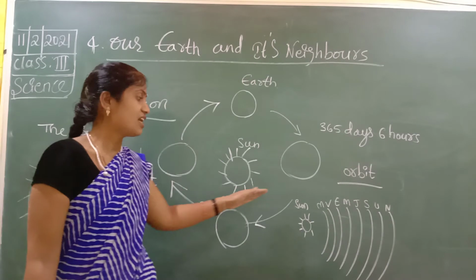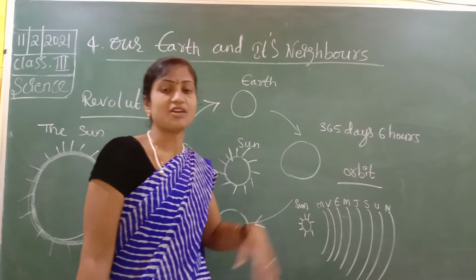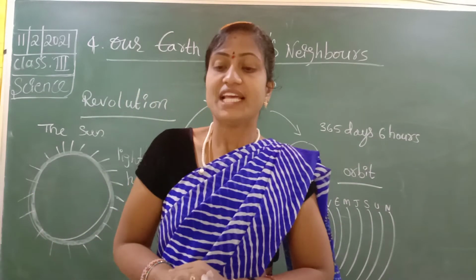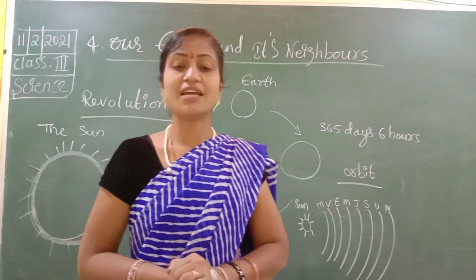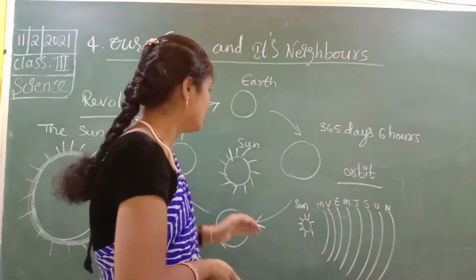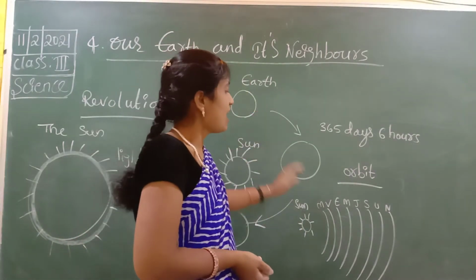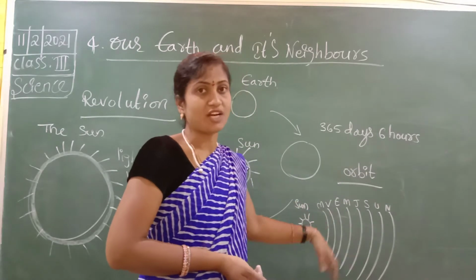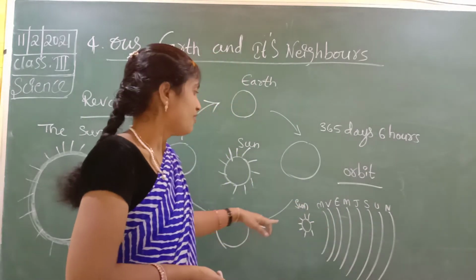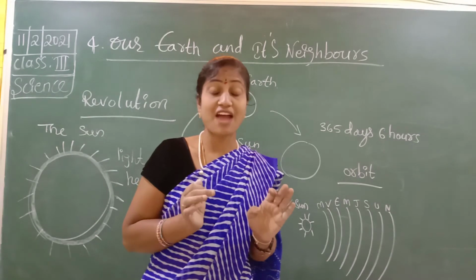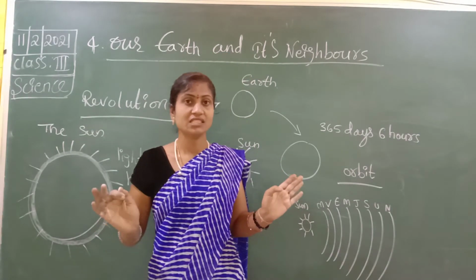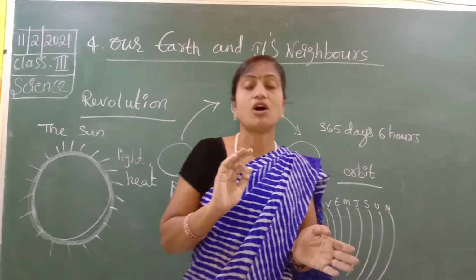All planets turn around the sun only. Why? Because only the sun has its own light and heat. We also depend on the sun only.